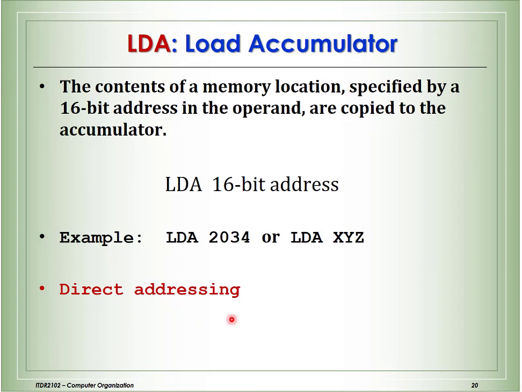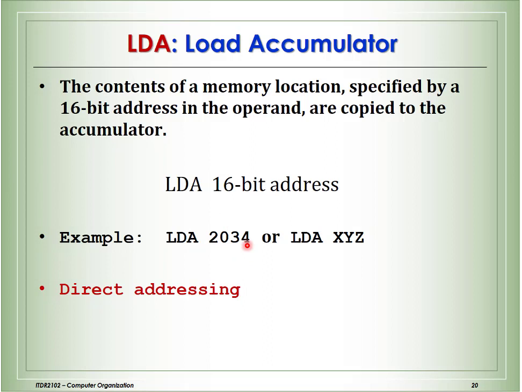Now another instruction is LDA, load accumulator. The contents of the memory location given by the 16-bit address in the operand are copied to the accumulator. So the content of the memory location we are going to copy into the accumulator, with a 16-bit address, that means 2 bytes. Here is the example.